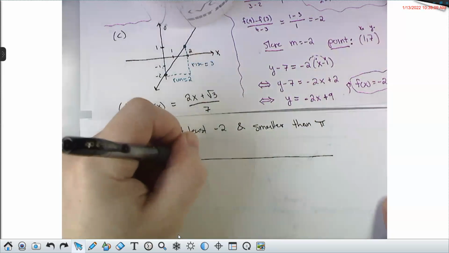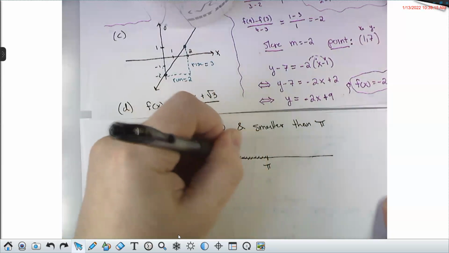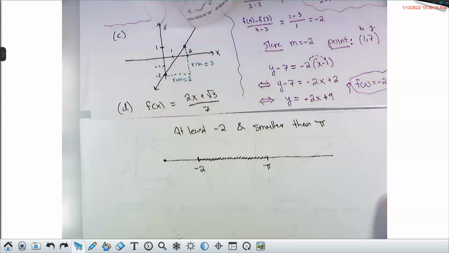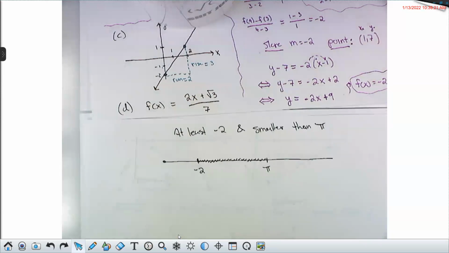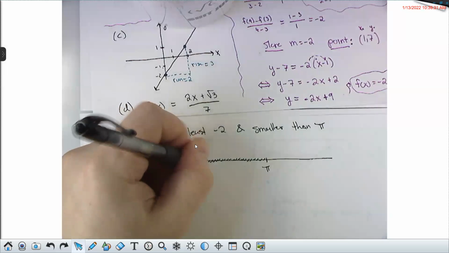That means definitely stuff between -2 and pi is good. So you're correct to say that the interval is from -2 to pi. If I say I am at least as tall as Sally, that means maybe I'm taller than Sally, but also maybe I'm the same height as Sally. So at least -2 would be including -2. And for that, we would use a bracket.